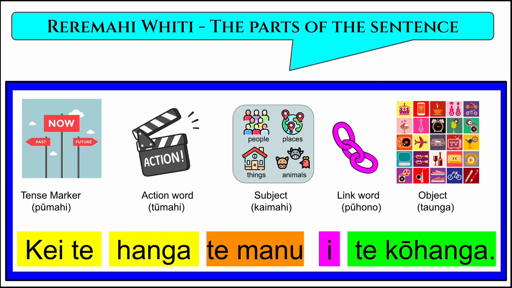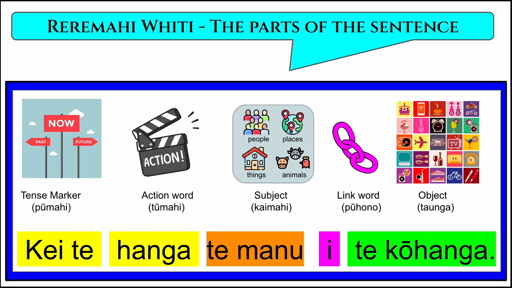In these sentences, the action words are tūmahi whiti, such as the one in this sentence, hanga, which means to build. The sentence structure of the Reremahi Whiti is the same as the Reremahi poro, with the tohuwa followed by the tūmahi and the kaimahi, but where the two sentence types are different is that the Reremahi Whiti has an object, the thing that the action is being done to.